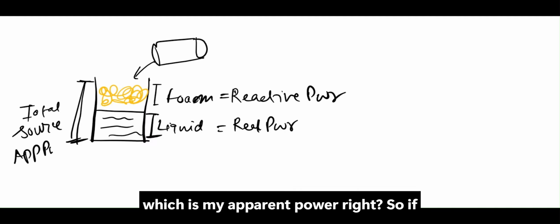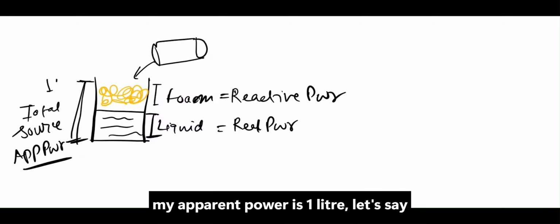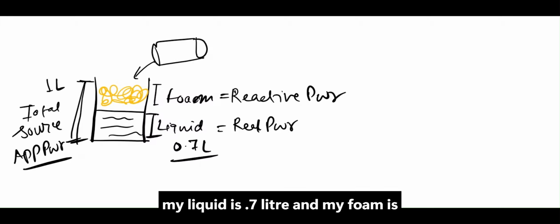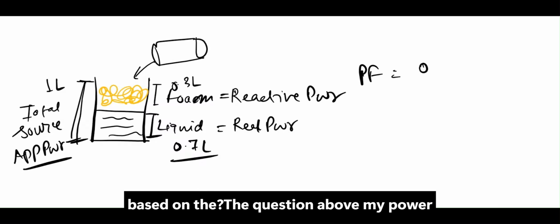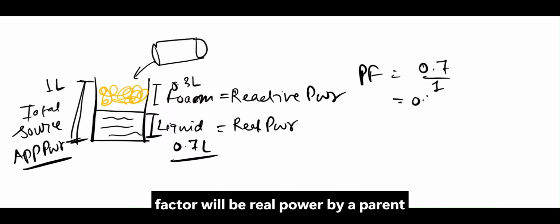The glass itself is my source, which is my apparent power, right? So if my apparent power is 1 liter, let's say my liquid is 0.7 liter and my foam is 0.3 liter, what will be my power factor? Based on the equation above, my power factor will be real power by apparent power, which is 0.7.